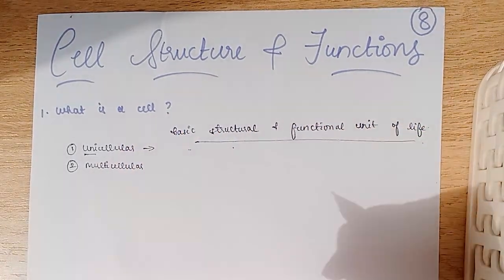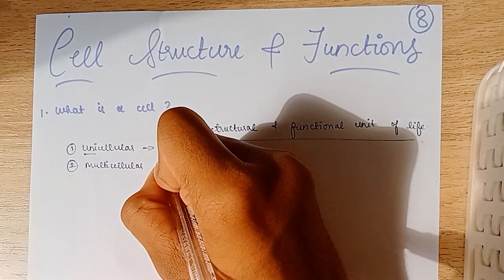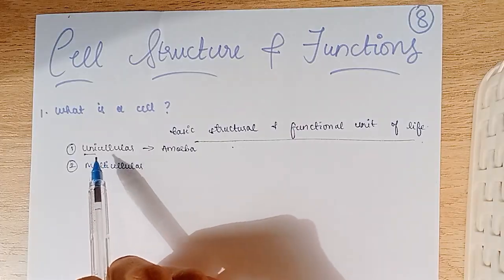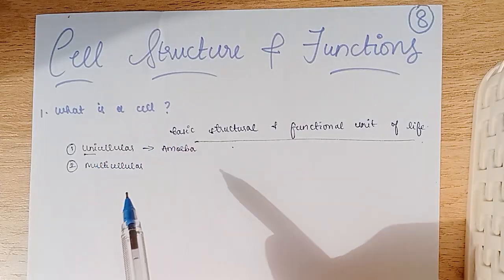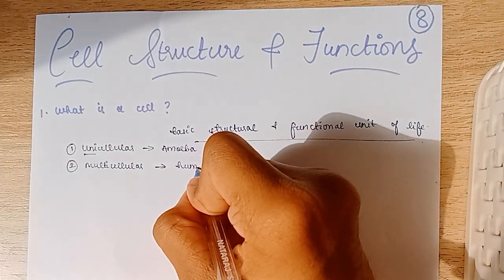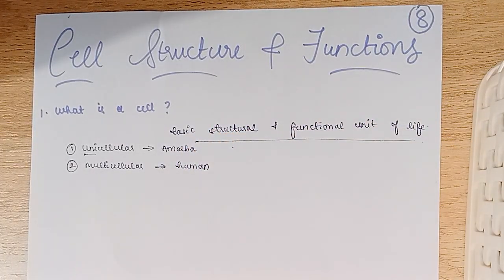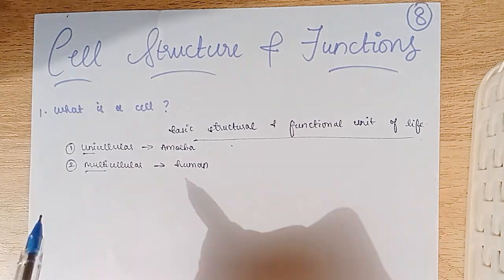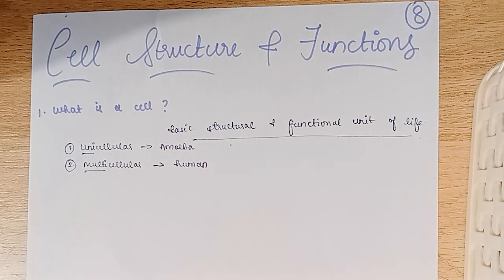The organism that is made up of one cell, for example, is amoeba. Amoeba is made up of one cell, thus it is a unicellular organism. An example for a multicellular organism is a human. We humans are made up of multiple cells, and thus we are called multicellular organisms.